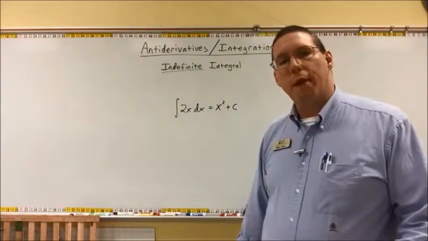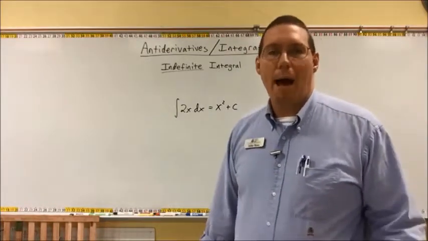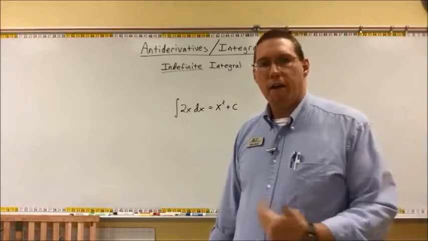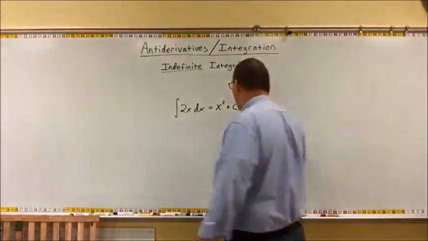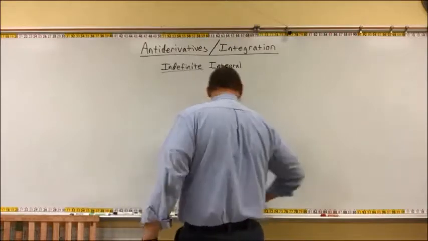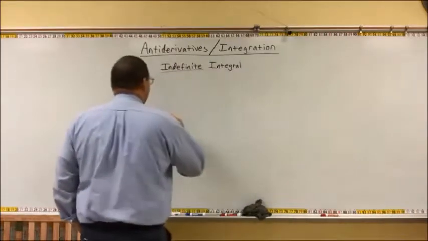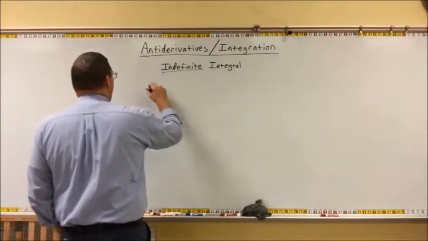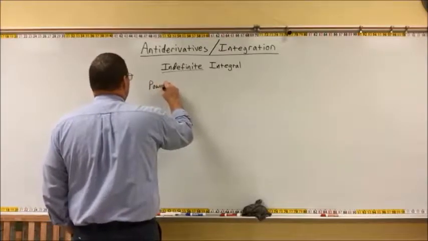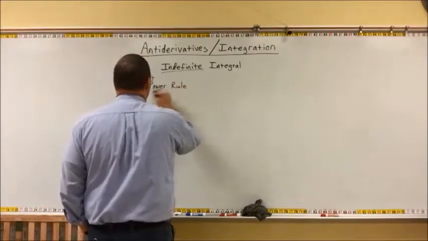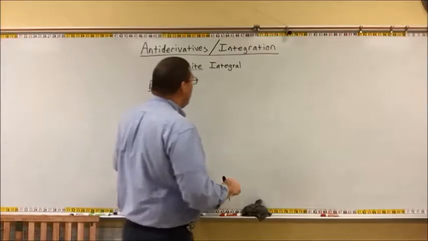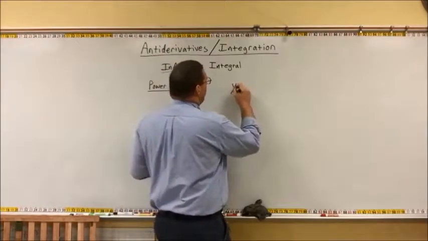But what I'm going to show you now is what I call the power rule of antiderivatives. Okay, the power rule. Just like we had a power rule of derivatives. Well, the power rule when we did derivatives went like this.